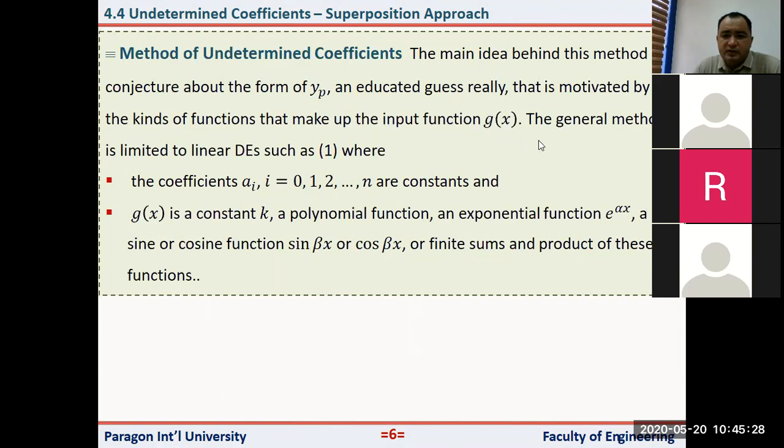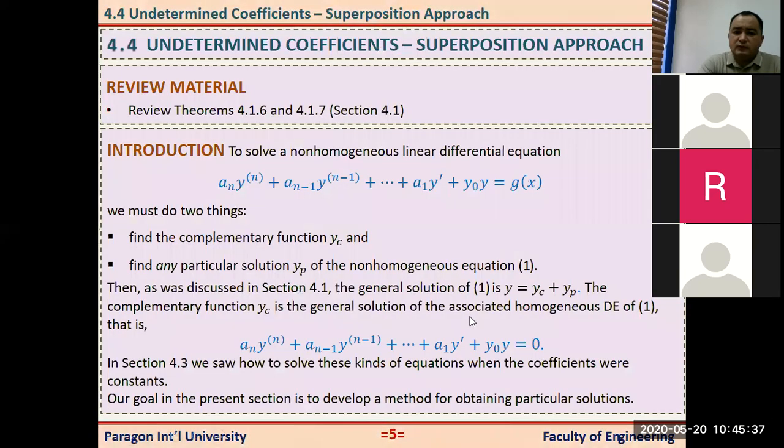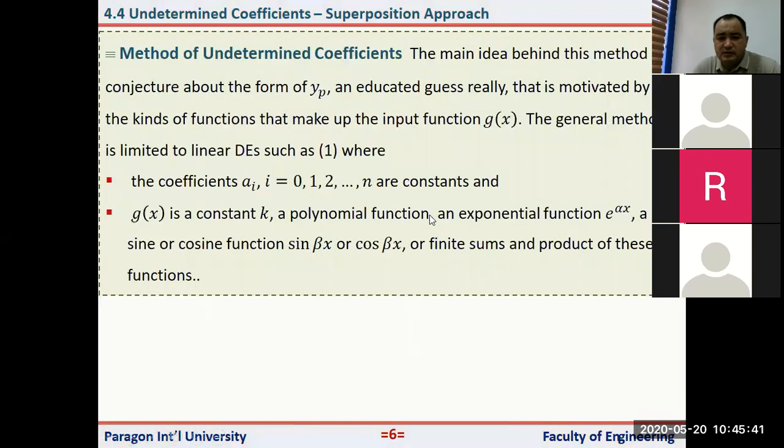So the general method is limited to linear differential equations such that, number one, keep it in mind, all the coefficients a sub i, a sub 1, a sub 2, a sub n, even a sub 0, are constants.